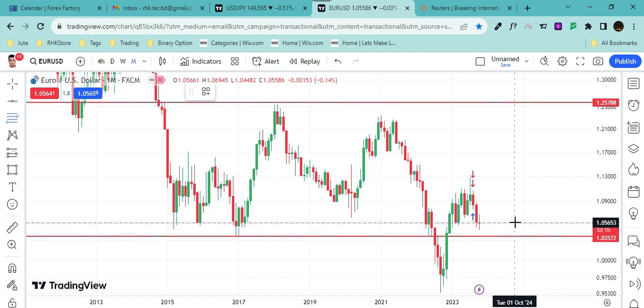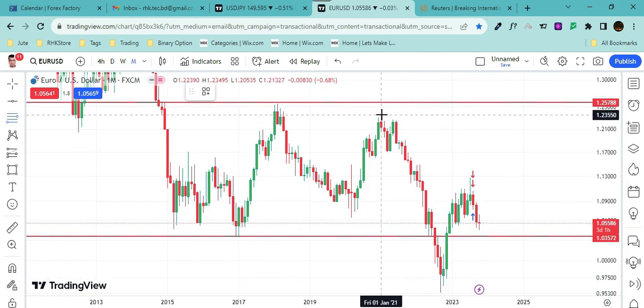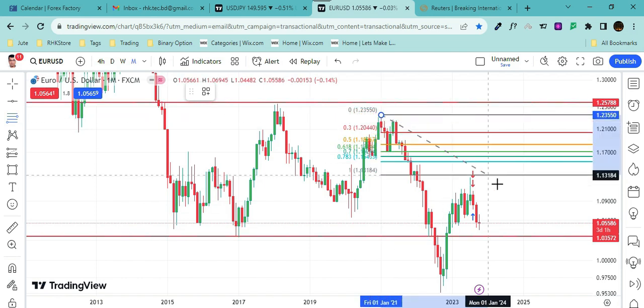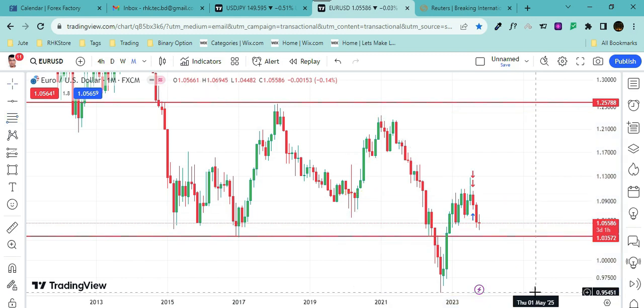Now if we see here properly, it was in a downtrend, and how much it retraced back. I think I made a mistake here.